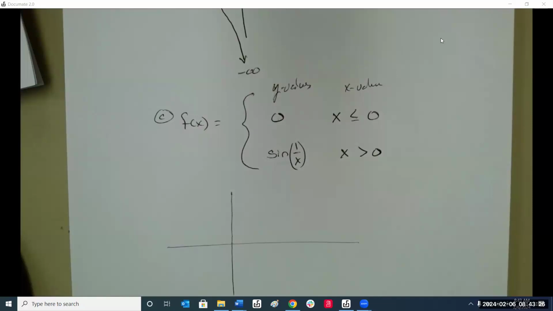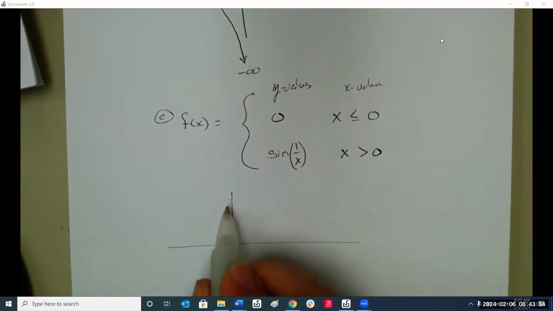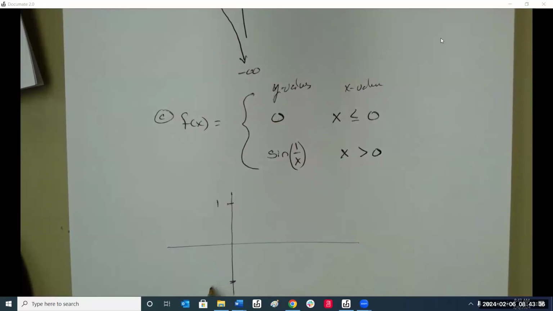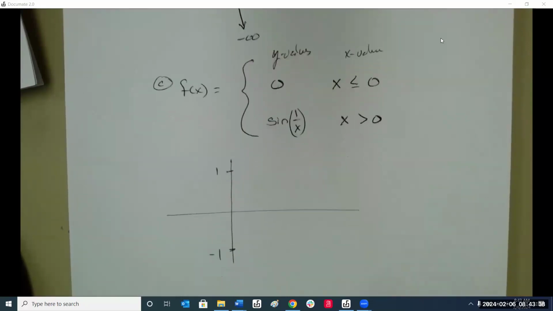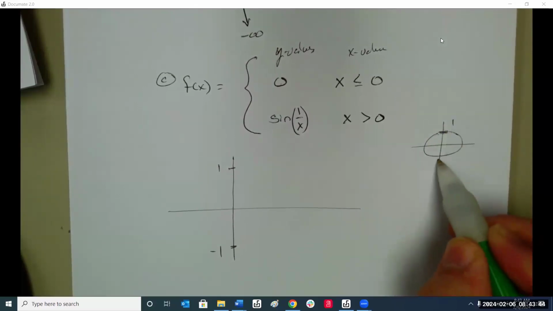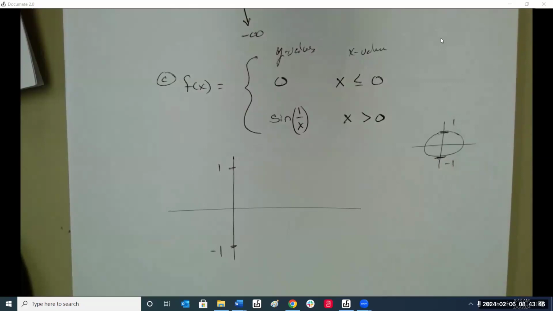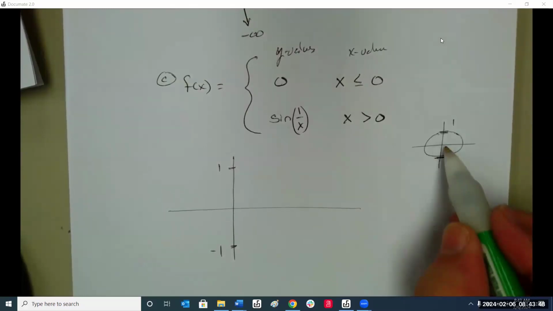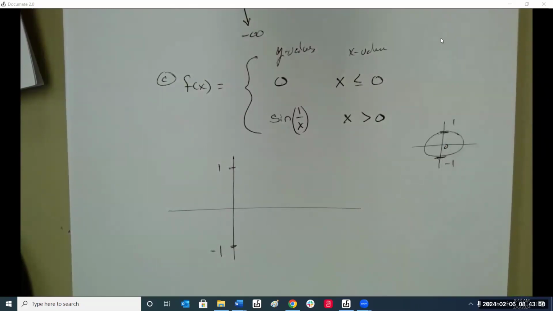Does it have a limit or bound? It's between what numbers? 1 and negative 1. Right. You had it right there. If you think unit circle, the highest it could be is 1, the lowest it could be is negative 1. The sine deals with the y values.